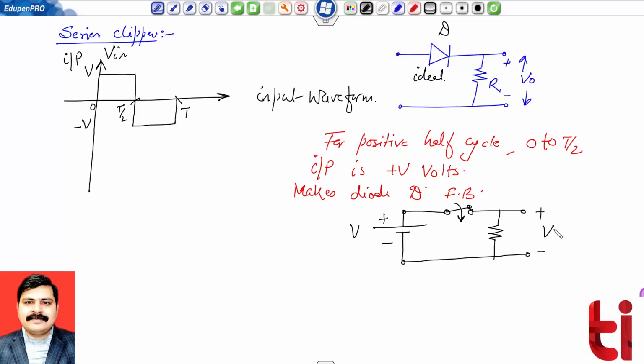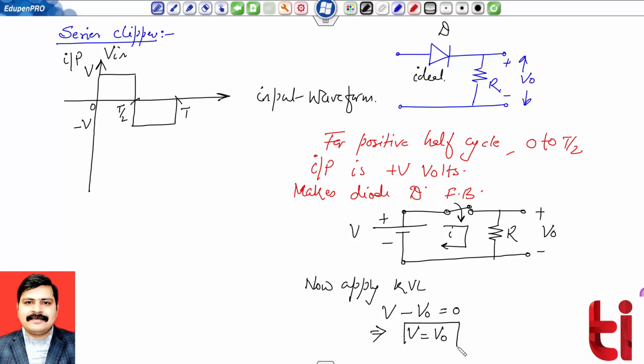So this is my output V0 and R. Suppose some amount of current is flowing, now apply KVL over here. KVL says V minus drop across the switch, which is 0, minus V0 equals 0. Therefore, my output V0 will be equal to V.